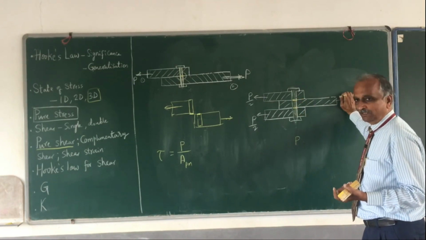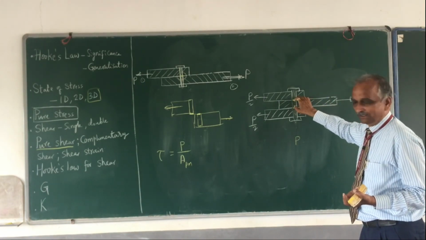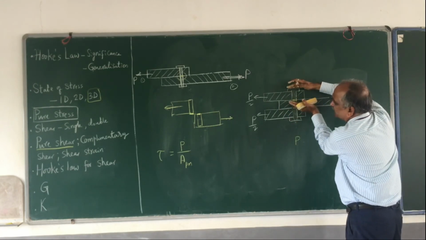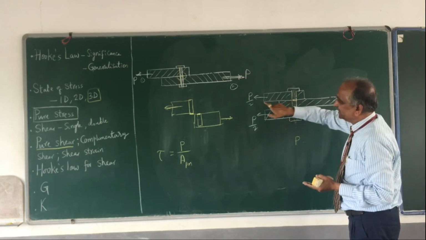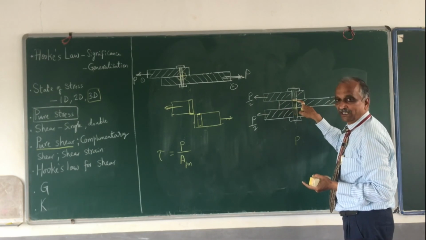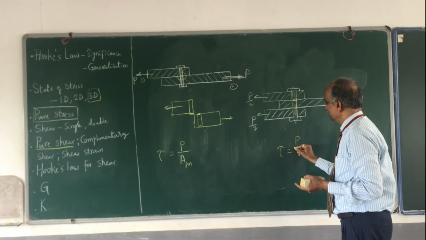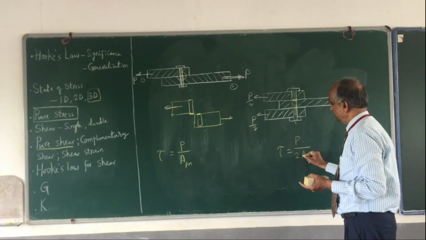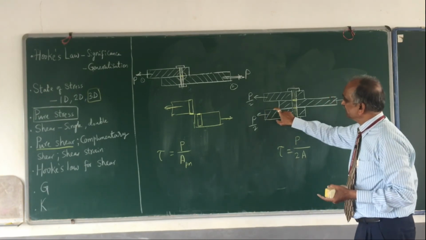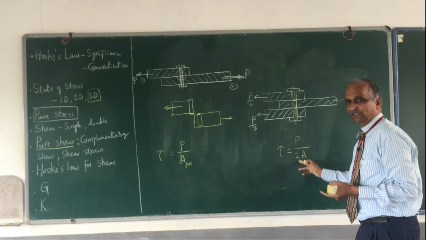If you take this P, then you will be taking this 2 area. If I take only this portion, in that case P by 2 divided by area. Okay, tau is equal to, there are 2 ways of calculating: P by 2 area, or if you take this portion, it is again P by 2 area.